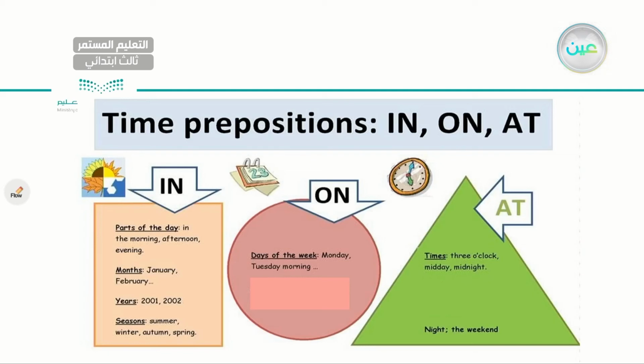When do I use on? With days of the week: Monday, Tuesday morning, and also with dates: 5th of July, 10th of February, and so on. And I use at with time: 3 o'clock, midday, midnight, and also with the word night.